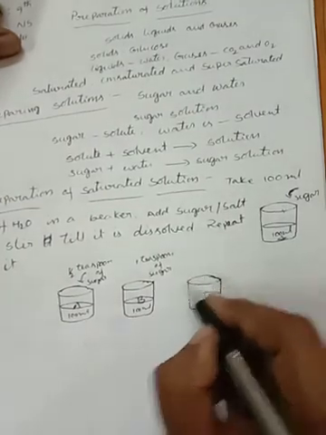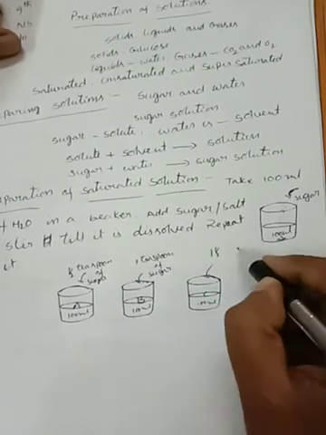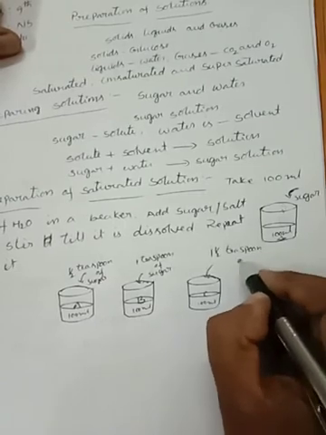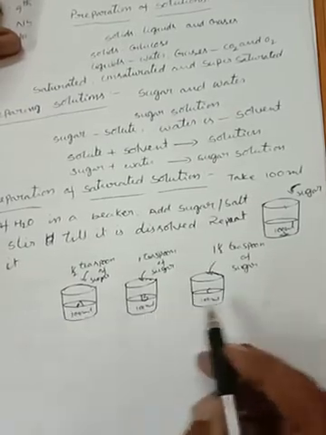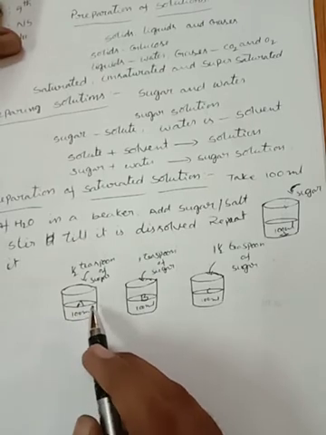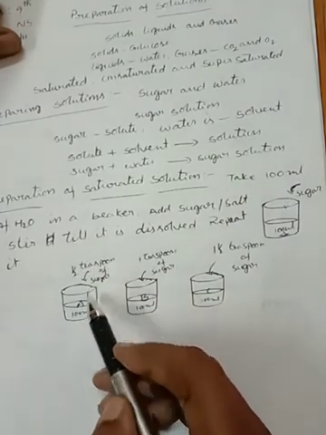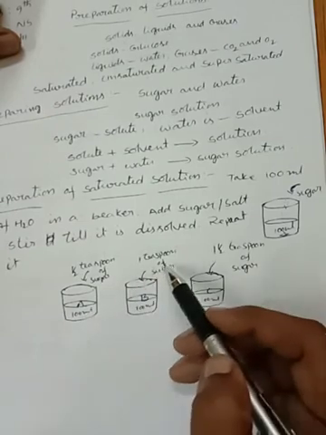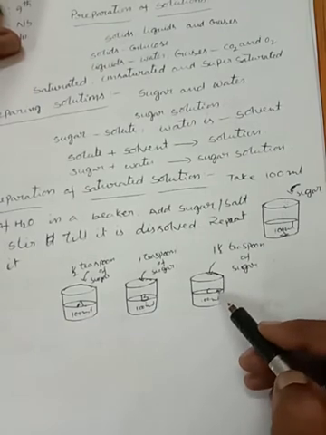In beaker C, add 1.5 teaspoons of sugar. Children, first of all, we take 3 beakers with 100 ml of water in each. Add half teaspoon of sugar in beaker A, 1 teaspoon of sugar in beaker B, and 1.5 teaspoons of sugar in beaker C.